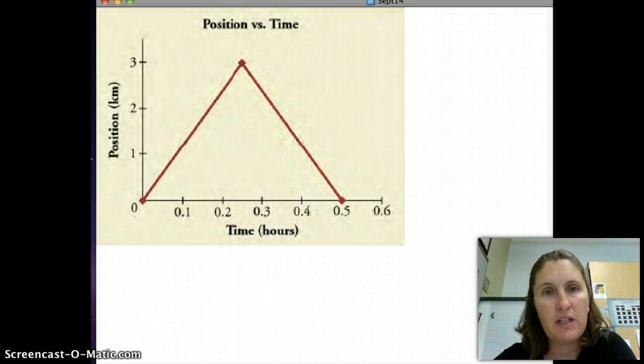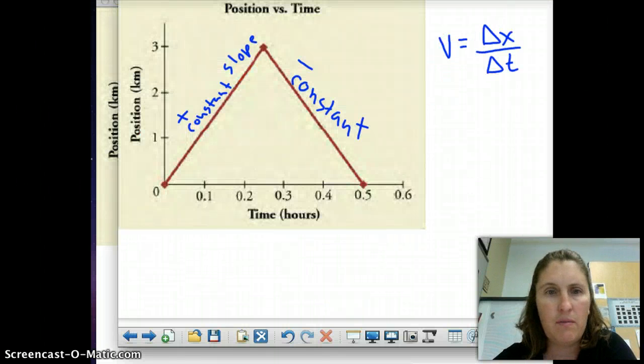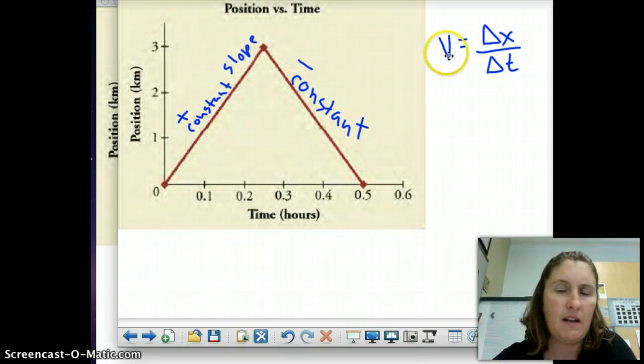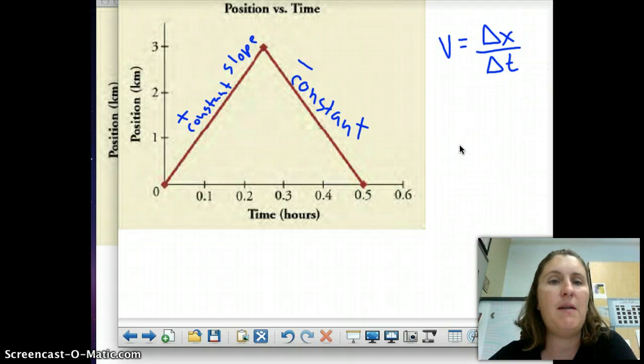And because of what we just said, remember that the velocity is a change in x over a change in t, or rise over run. So the slope on a position versus time graph represents the velocity. So if you have a constant slope, you could also say you have a constant velocity.